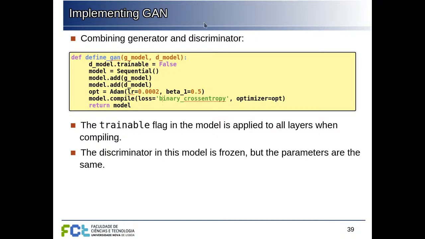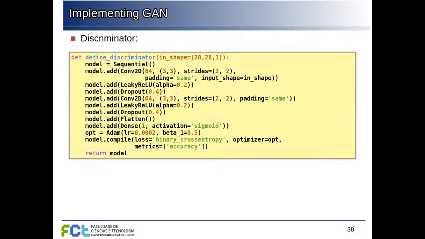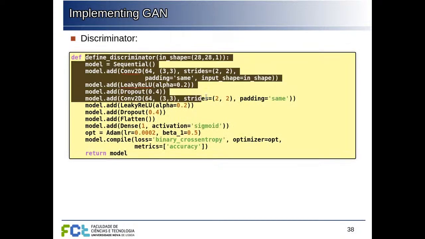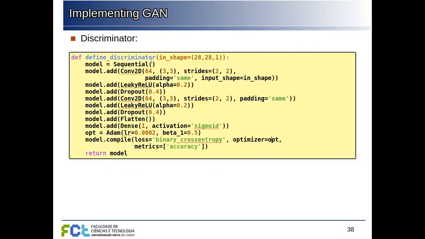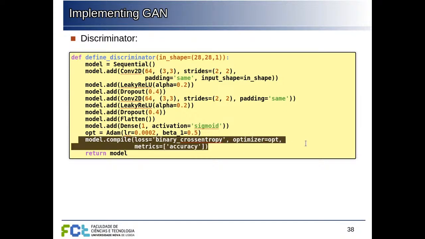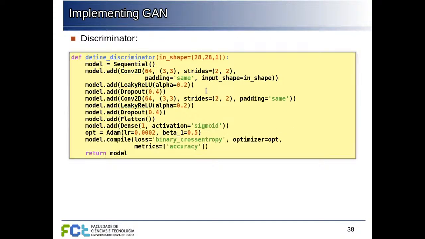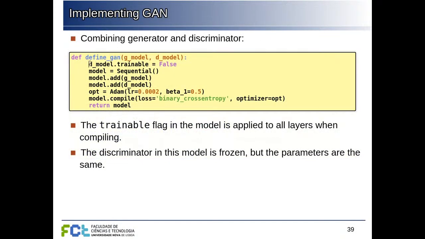So the difference here is that this instance of the discriminator is trainable. We have all these tensors passing through these different layers, and we compiled the discriminator. And now we're going to take this model, we're going to set trainable to false. This is not going to change the model itself, those trainable layers, because this flag will not change anything after the model is compiled.